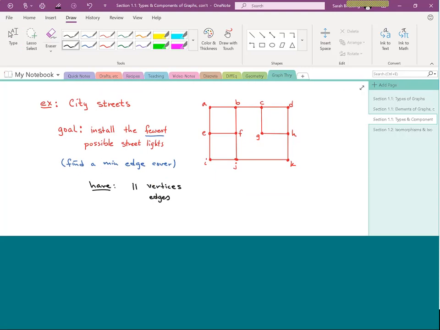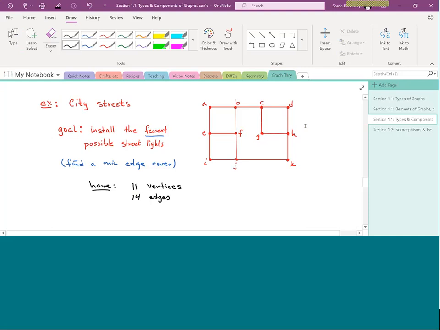Let's see. We've got 1, 2, 3, 4, 5, 6, 7, 8, 9, 10, 11, 12, 13, 14. This one does count as 1, and these lines here count as different ones between the breaks there. So we've got 14 edges.